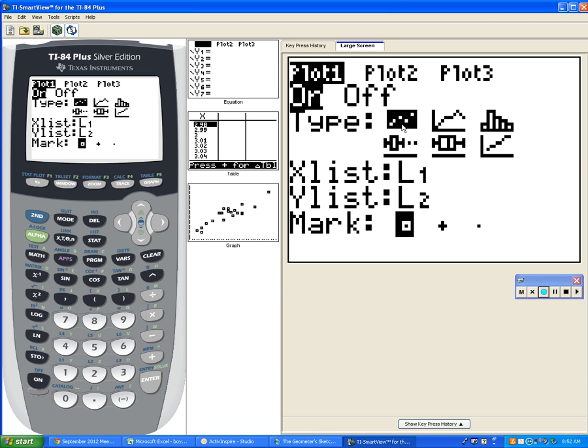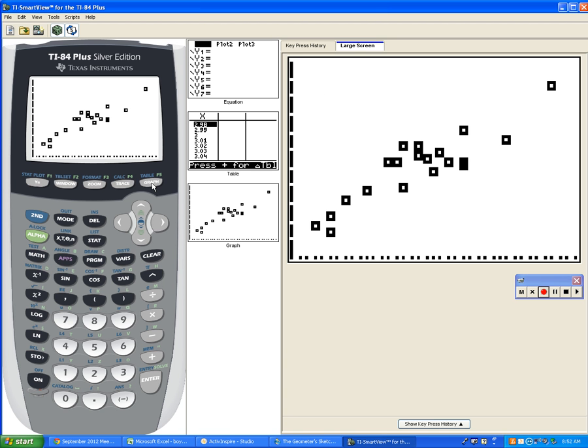I have mine unconnected, so I have a boring basic old scatter plot, which is what we want. It sounds like Evan has a line plot, so this piece right here is highlighted. So scroll down and highlight the very first one. You could also make a bar graph, you could make your old friend a box and whisker graph, or you could make a step function, but we just want the scatter plot. So you should be able to get it so your graph looks like that.